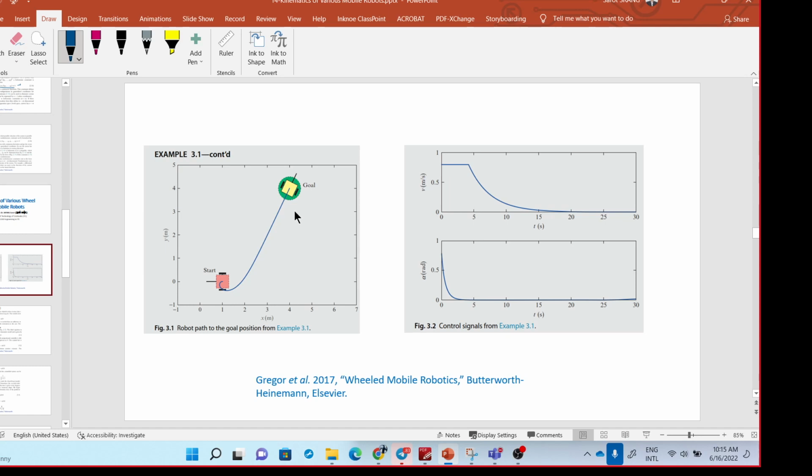Like here you can see the starting position of the robot is here, and the orientation is minus pi, or pi is fine, and the goal is this position with this orientation angle. So this one is pi because the orientation is like this.